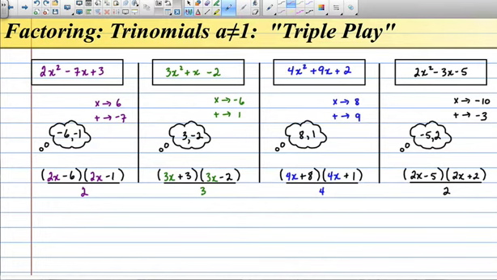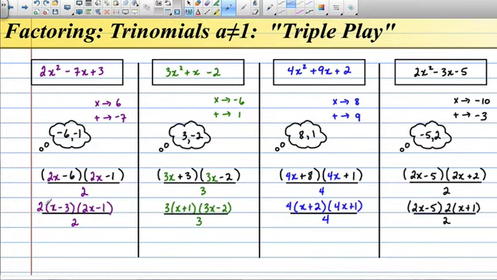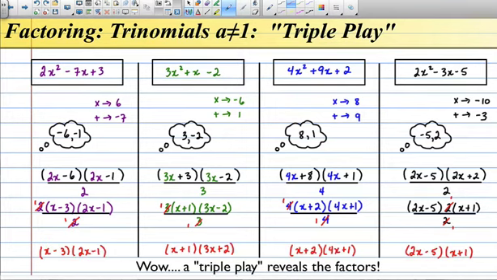Next step is to look inside the brackets for a common factor. Common factor of 2 comes out, a 3, 4, and a 2. Cross off the 2's, the 3's, the 4's, and the 2's. This method is not related to decomposition, so don't get those two confused.